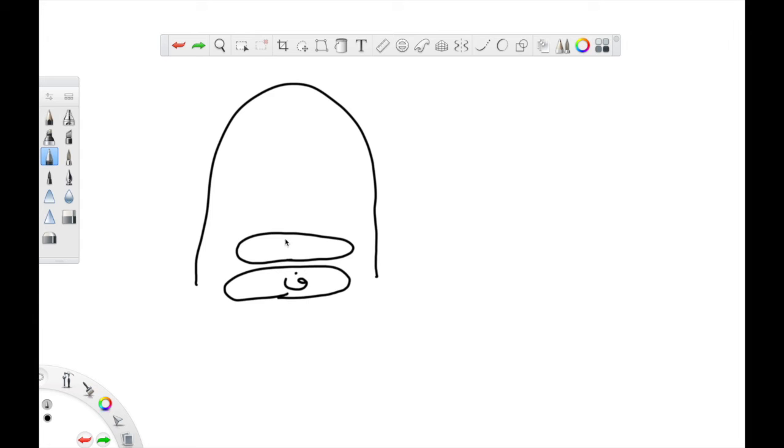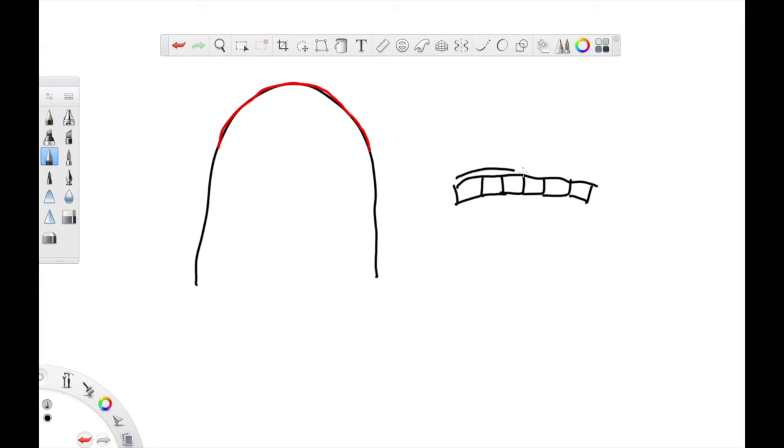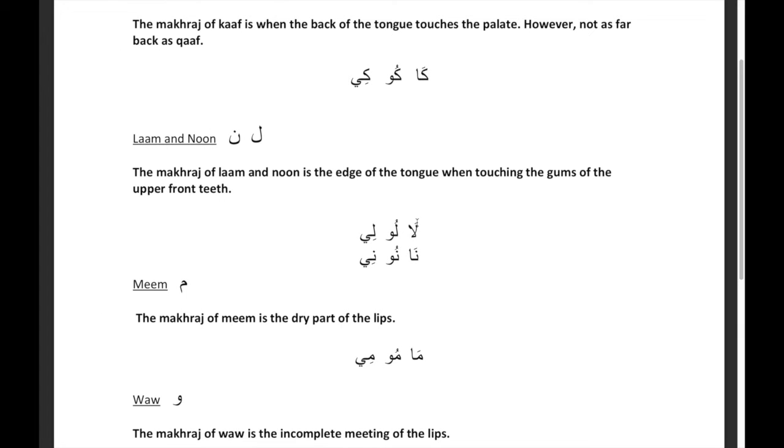So the edge of your tongue is this whole part here, and if you were to touch, the tongue would be across this whole part. Lam, Noon, la, lu, li, na, nu, ni.